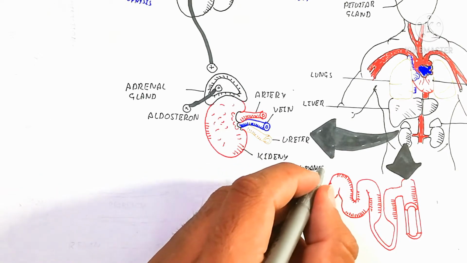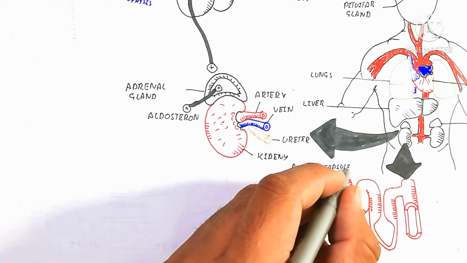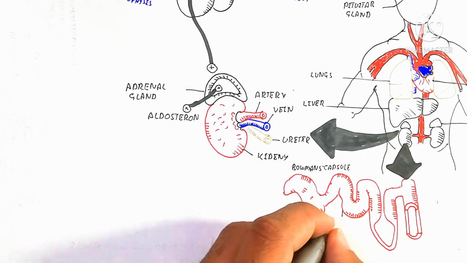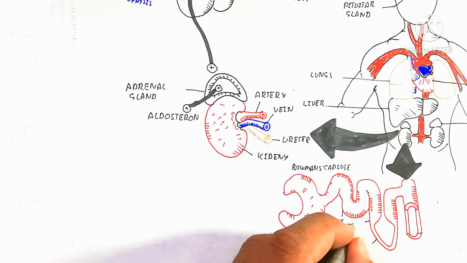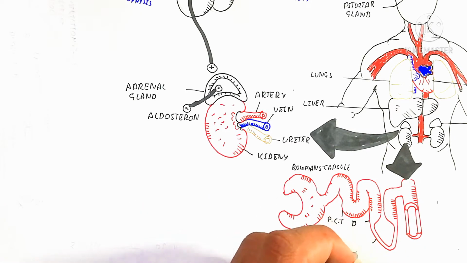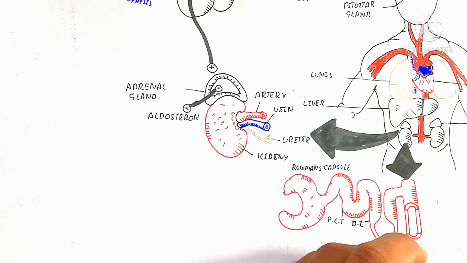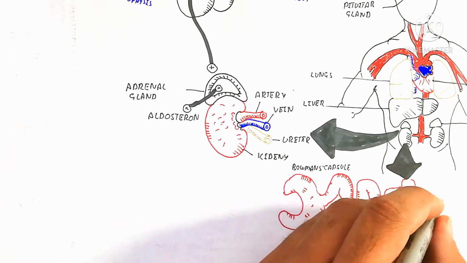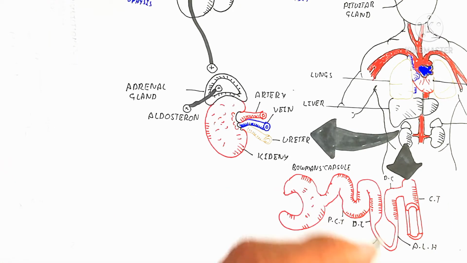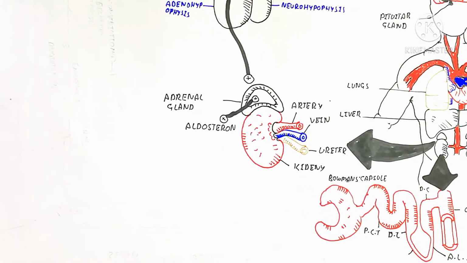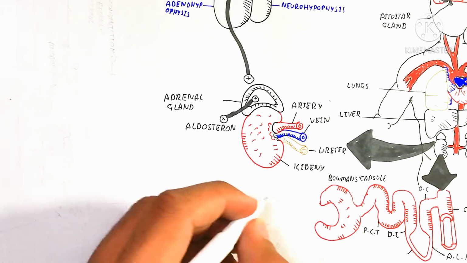On the other hand, salt and acid are also released. So here is the nephron, which contains a Bowman capsule, and here is the proximal convoluted tubule, and that is the descending loop of Henle and ascending loop of Henle, and the distal convoluted tubule, as well as the collecting duct, which collects the fluid containing water.